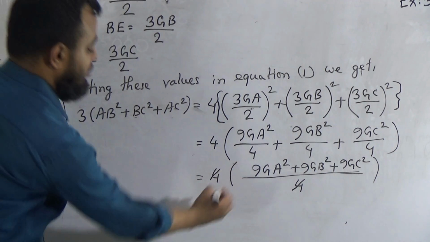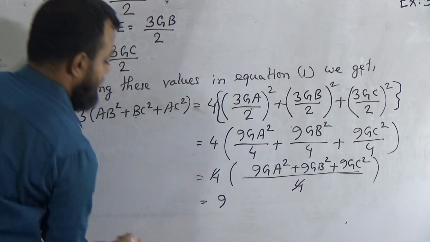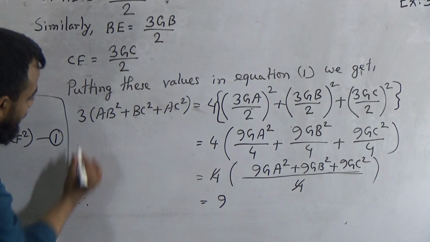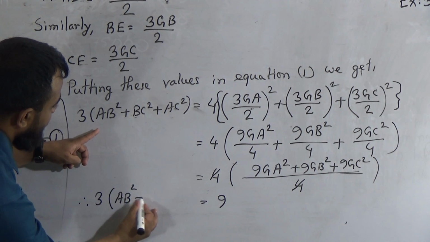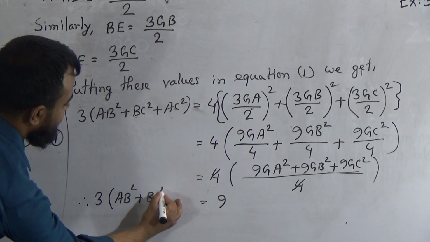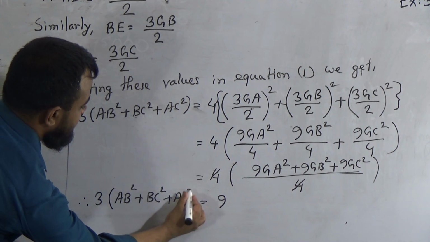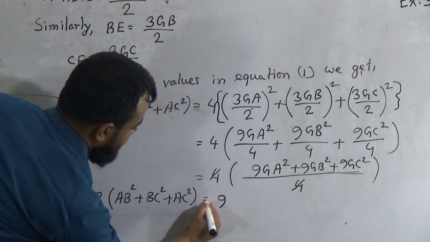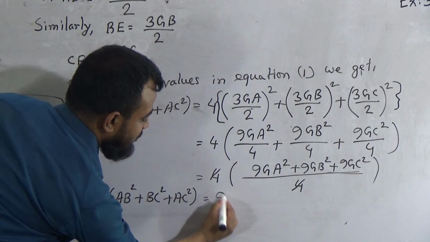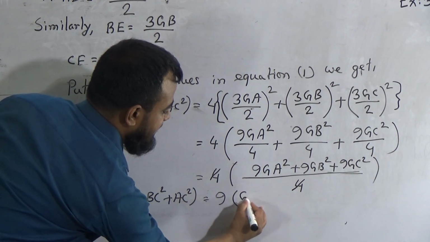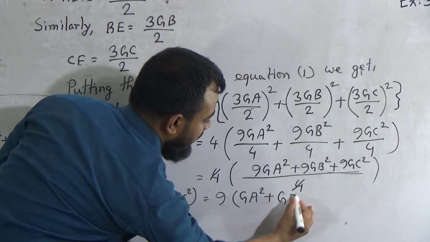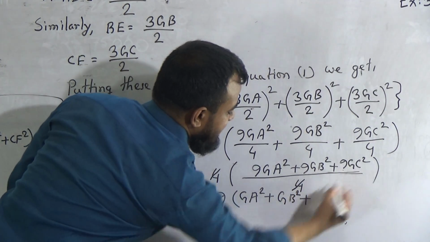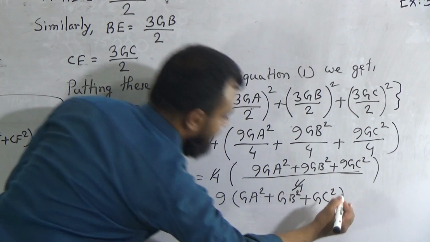So, taking 9 common, we can write 3 into (AB square plus BC square plus AC square) is equal to 9 times (GA square plus GB square plus GC square).